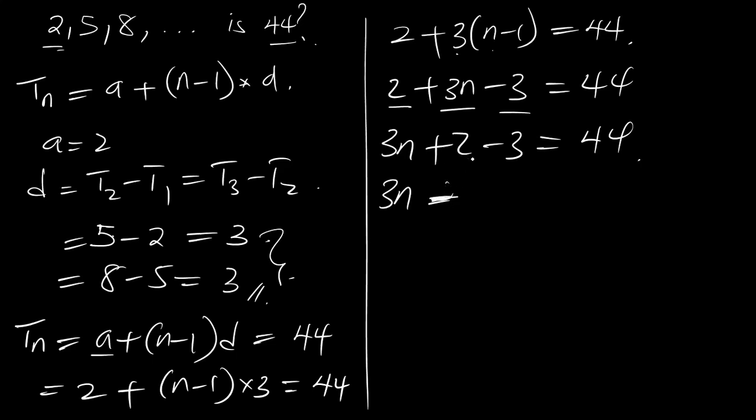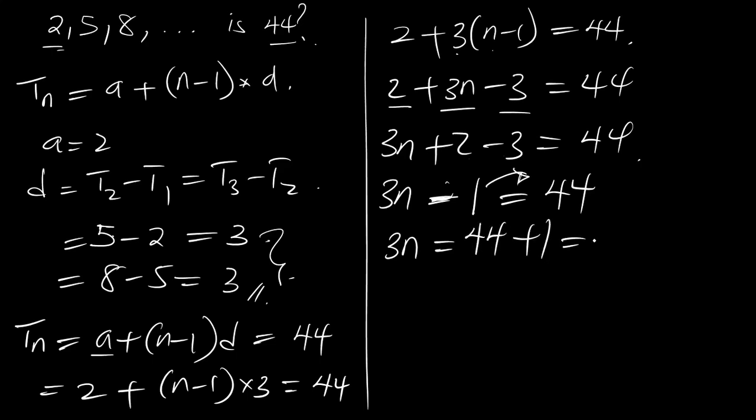Plus 2 minus 3 will give you minus 1, so 3n minus 1 equals 44. If I move this minus 1 to the other side, I have 3n is equal to 44 plus 1, which gives us 45. So 3n is equal to 45.